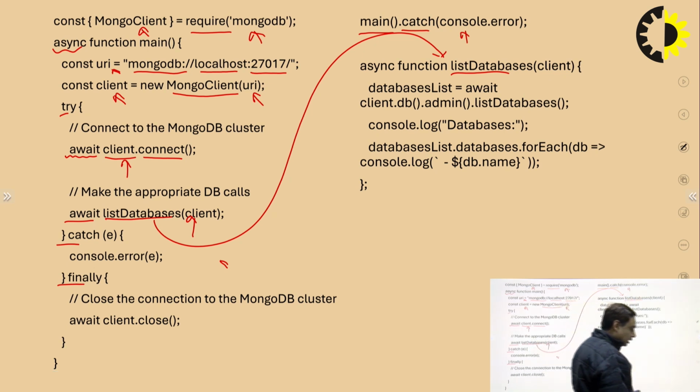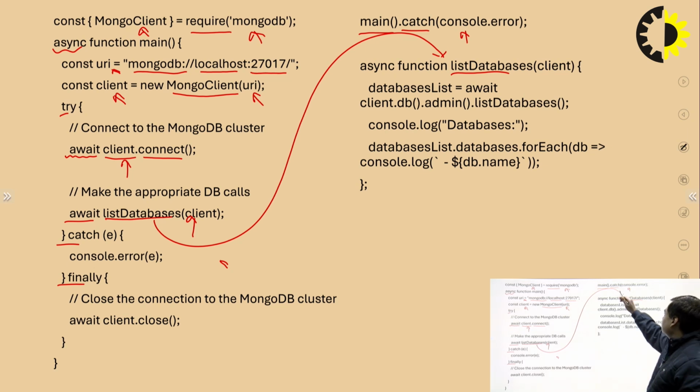So it is basically handling of some error if the connection in the MongoDB is not possible properly, then we can pass it to the catch. With the help of catch, we can pass the error on the console. So this main is a function, we are calling this function with the help of main, and catch is a statement to handle the runtime errors.